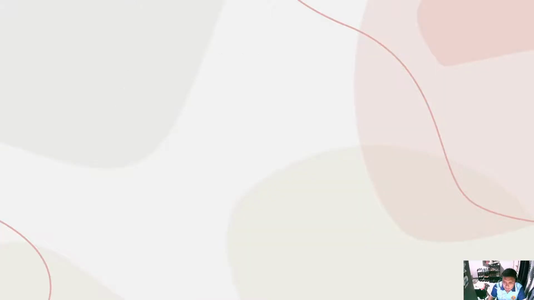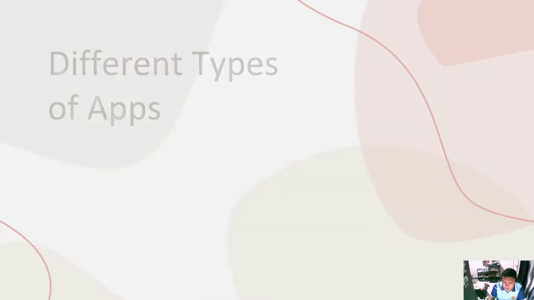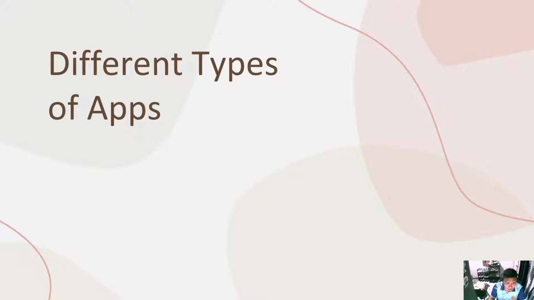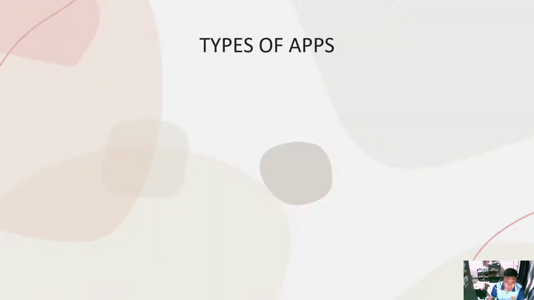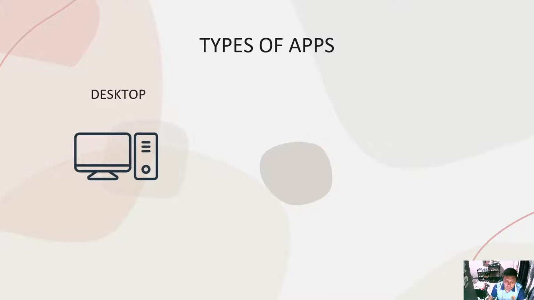So we'll now discuss different types of applications. When you hear the word app, you might think we are referring to the traditional mobile app such as the Facebook app or iPhone. So the types of apps: it could be desktop, on Windows, Mac OS, Ubuntu, Fedora, Chrome OS.